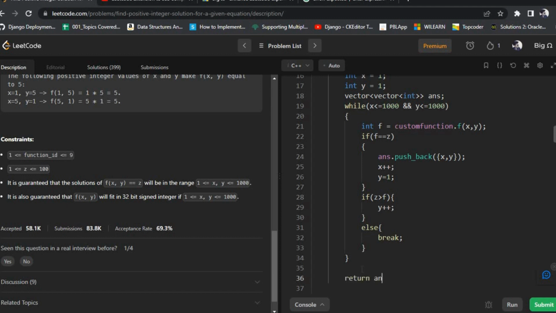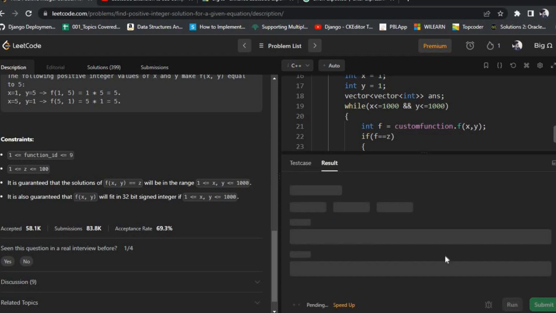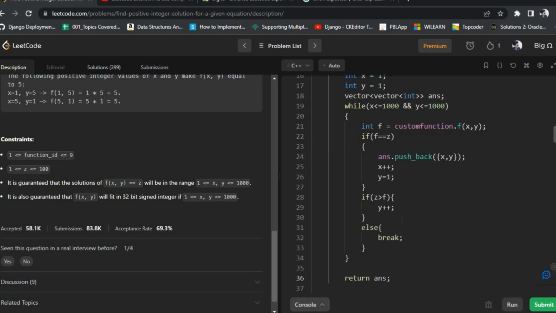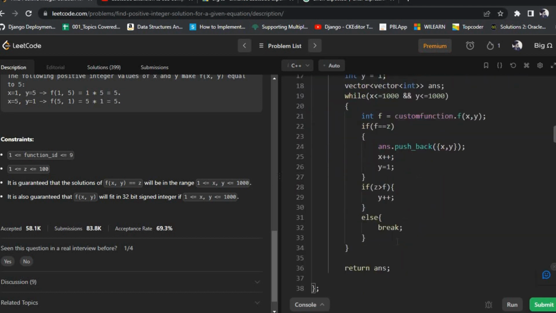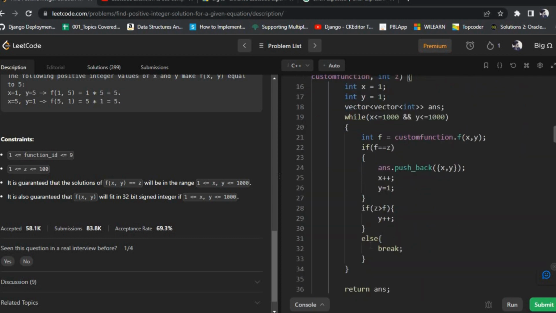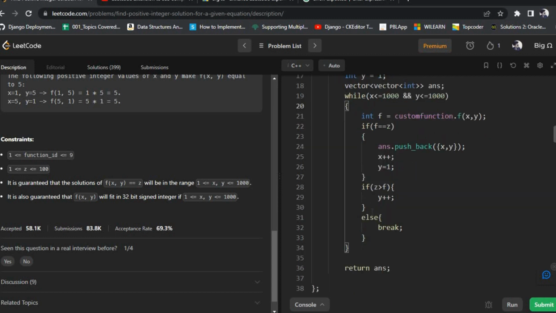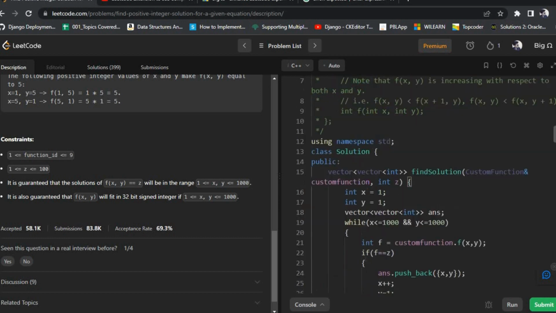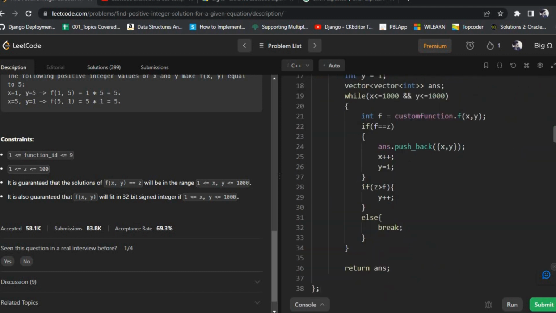Okay, let's run this. Here is the class solution.